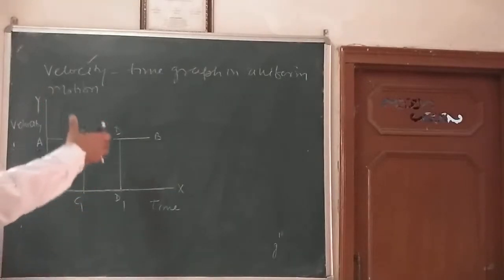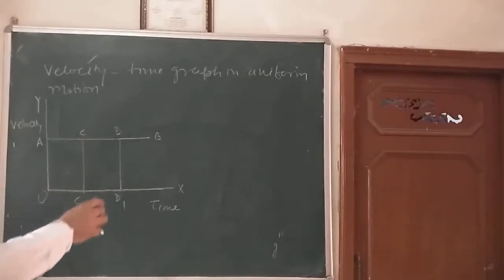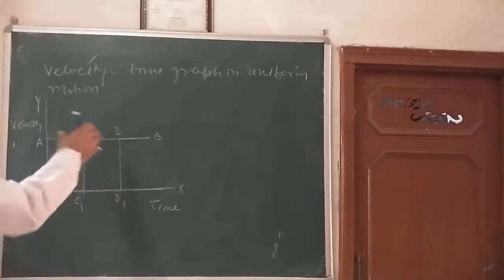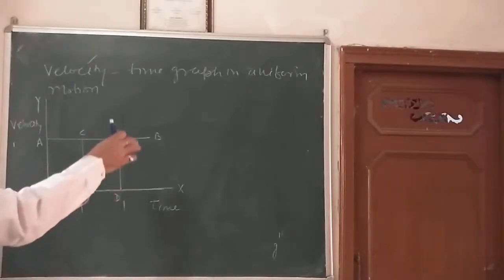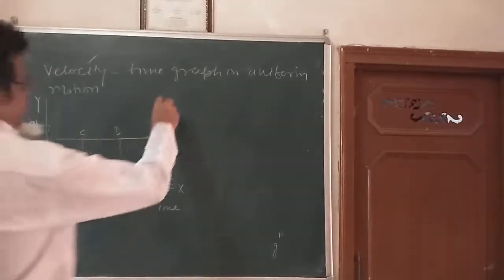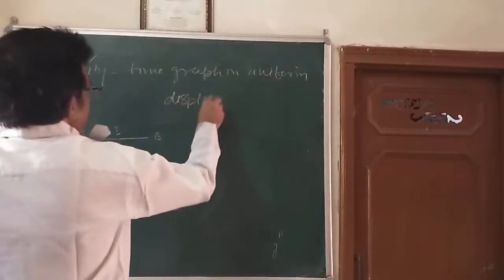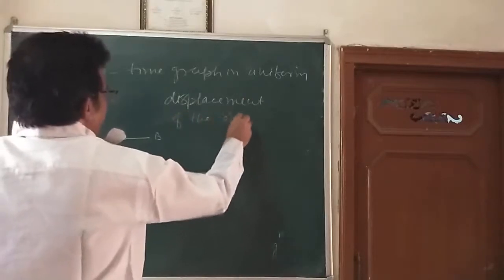So the velocity time graph of the object is a straight line. So what can we find out with the help of this graph? The velocity time graph of a moving object helps us to calculate the displacement of the object. How, let us see.